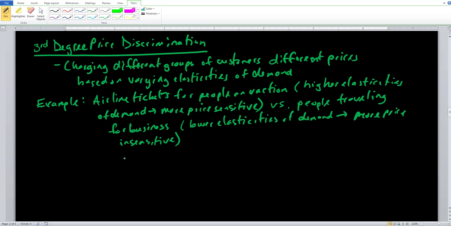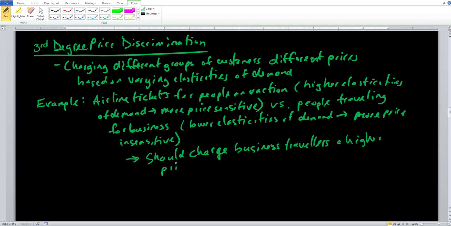So firms should charge the business travelers a higher price, and the vacationers a lower price.